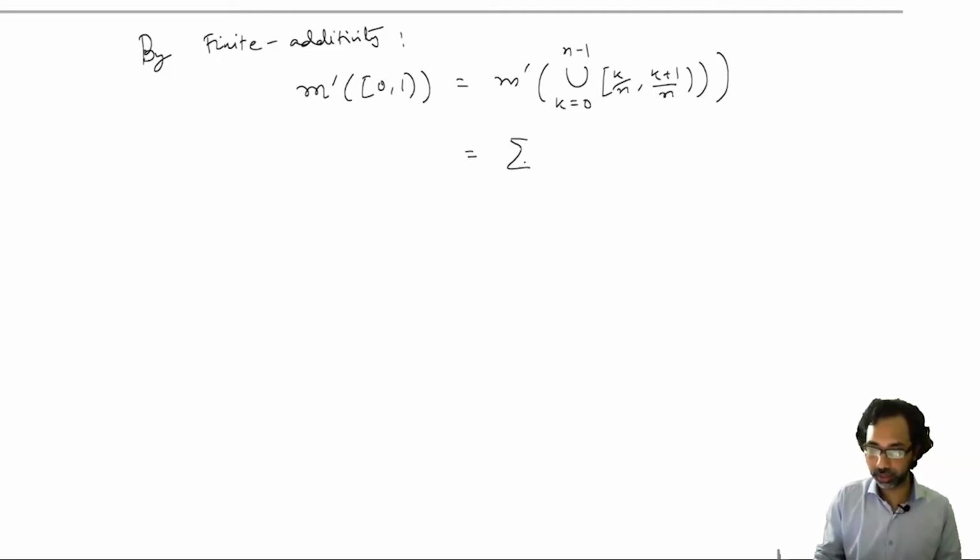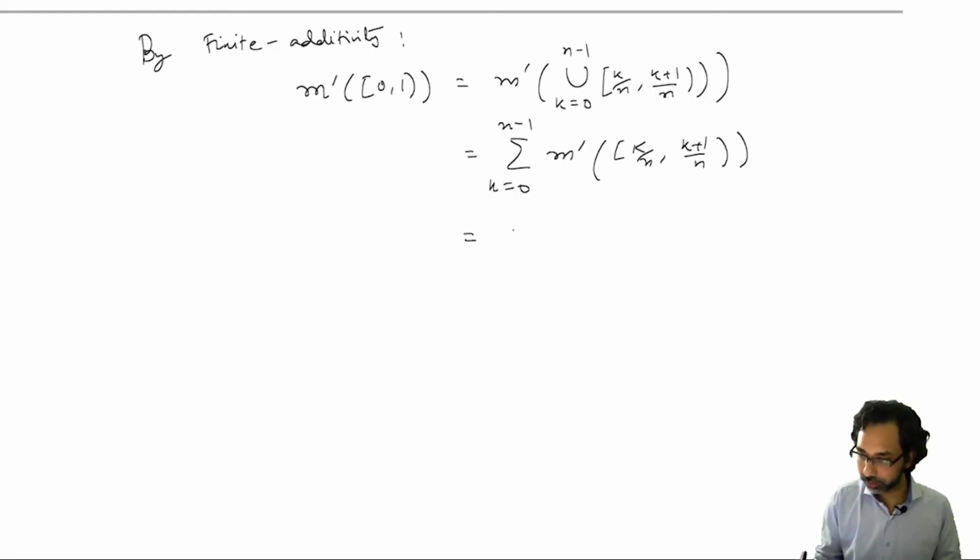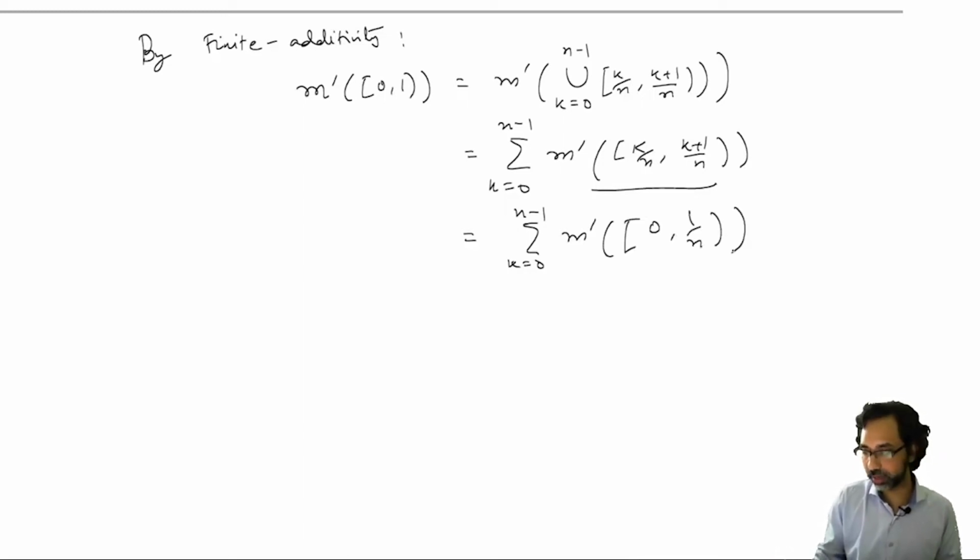So by finite additivity this is the sum, k equal to 0 to n minus 1, of m prime of the set [k/n, (k+1)/n), and so we have that each set in this sum is the same as m prime of [0, 1/n), just by translation invariance that we have already seen.